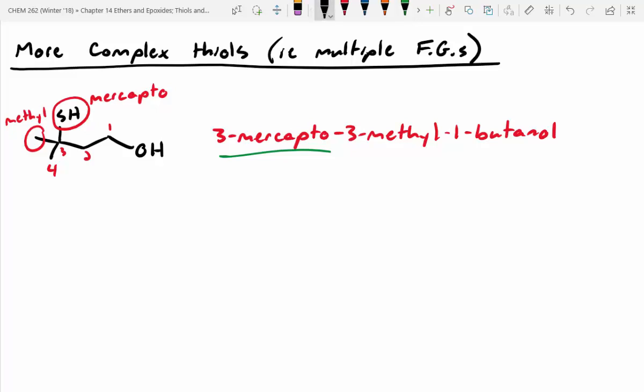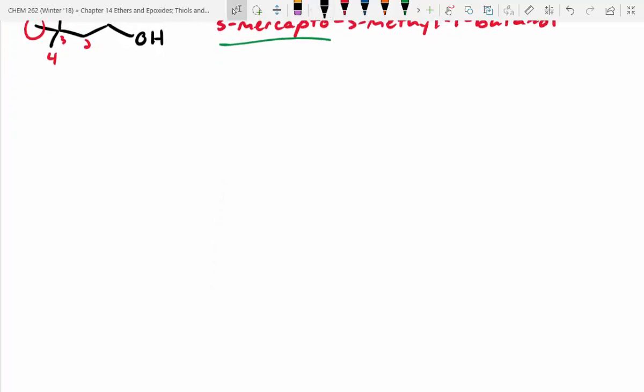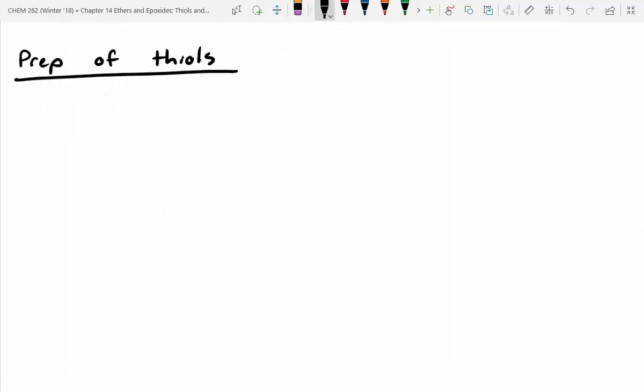Okay, so let's take a look at preparation of thiols. Luckily, this is really straightforward. What reagents do I need in order to accomplish this transformation?